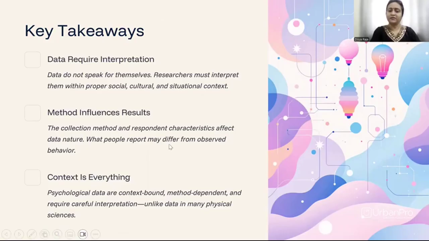So, context is everything in psychology. Our data will be context bound, it is method dependent, and it needs very much interpretation, unlike physical sciences or your core subjects like physics, chemistry, and math.